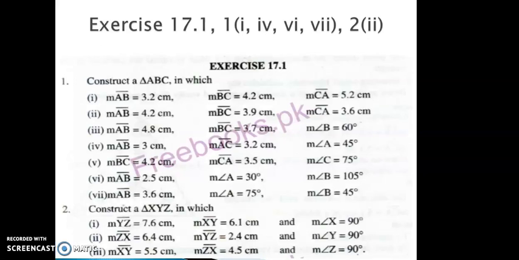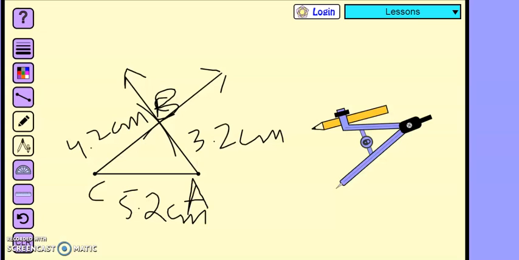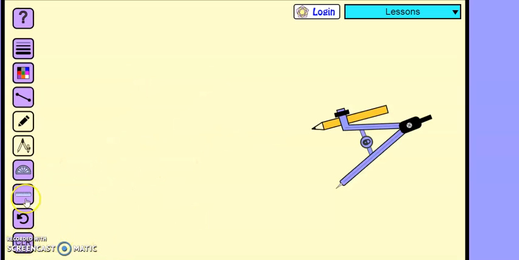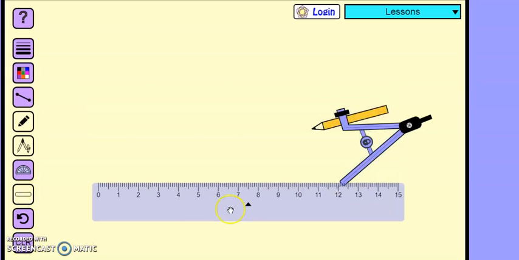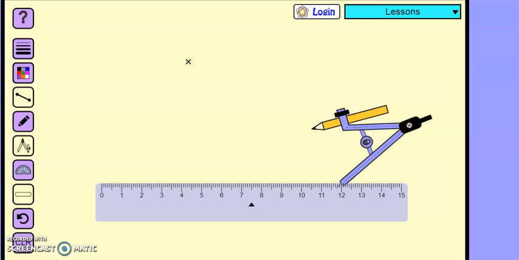Part number 4. Measure of AB is equal to 3 centimeter and AC is equal to 3.2 centimeter and measure of angle A is equal to 45 degree. So first of all, I am going to construct a line segment that is AC, of measure 3.2 centimeters.